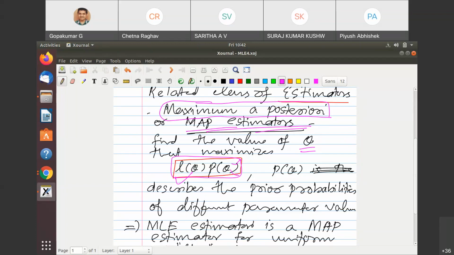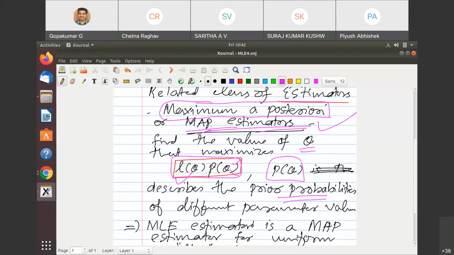So here P of theta describes the prior probability. This is also a posteriori probability, because when we multiply the likelihood with the prior probability, we get a posteriori probability. The analysis and other things remain the same. It is called a MAP estimator.